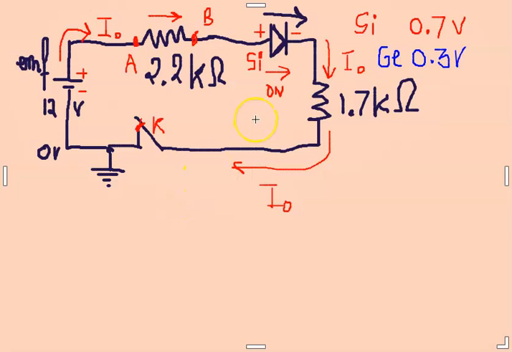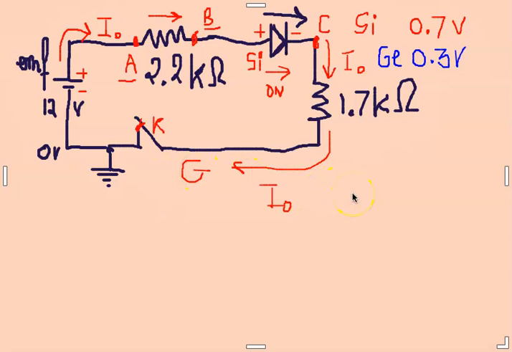Now, if we do an analysis of this circuit, we have the node A, we have a node B, we have a node C here with a small drop, and then we have the ground. So I'm going to use G all the time for the ground.